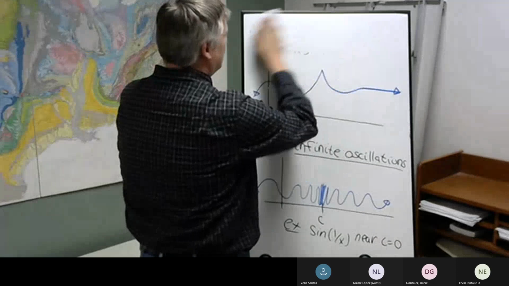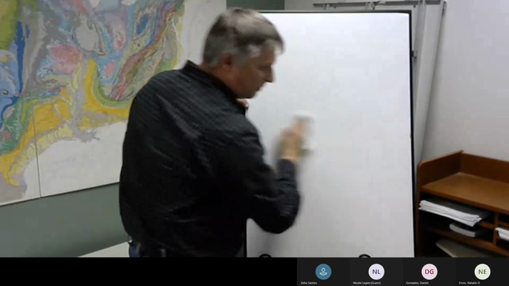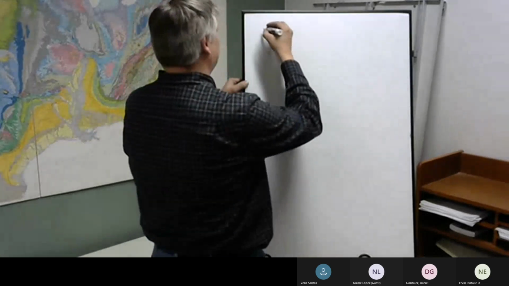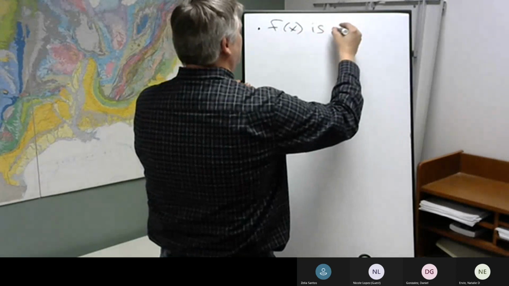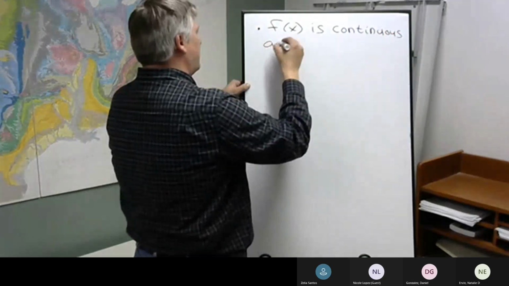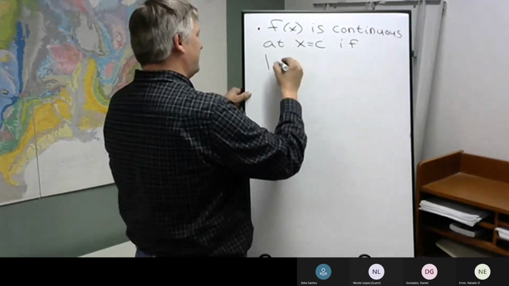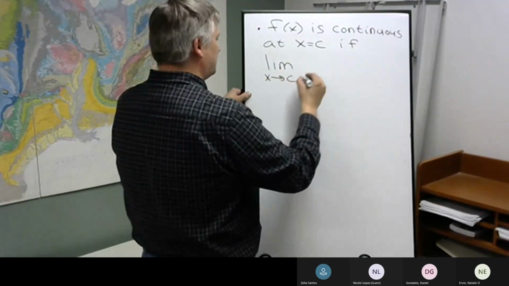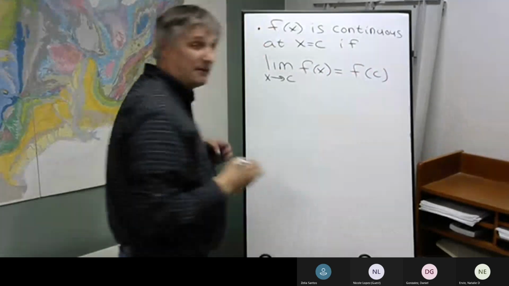just like with limits, continuity can exist at a point depending on which way we approach it. Now, generally, f of x is continuous at x equals c if the limit as x goes to c of f of x equals f of c.